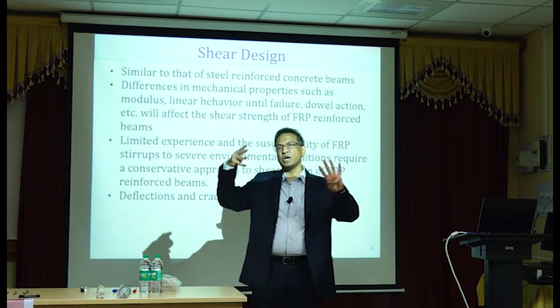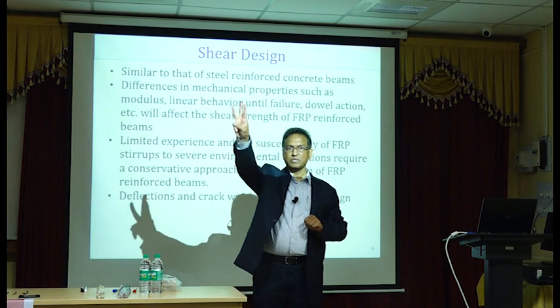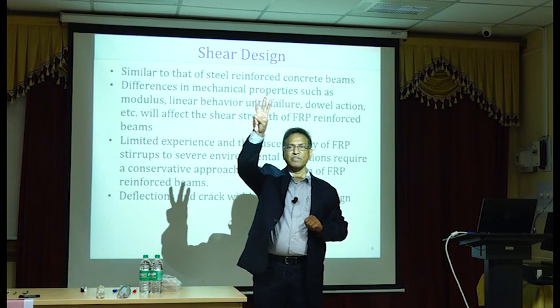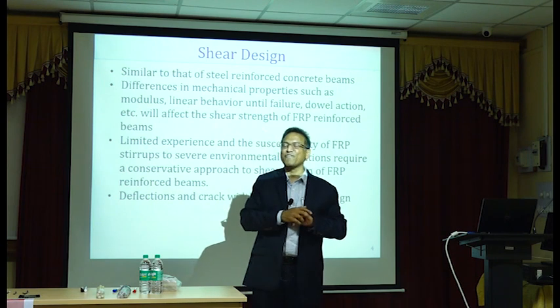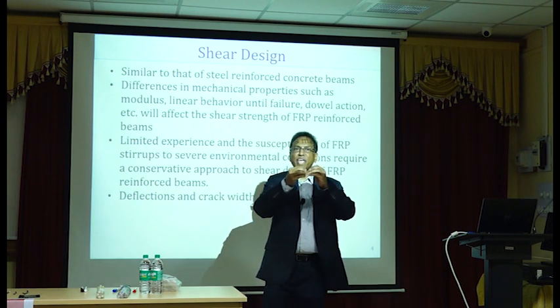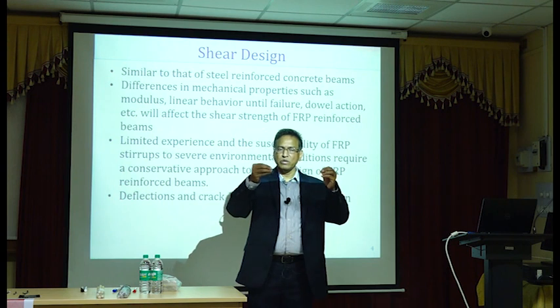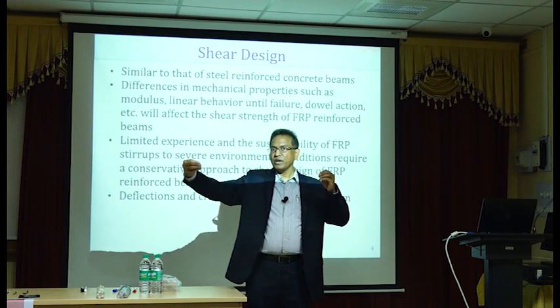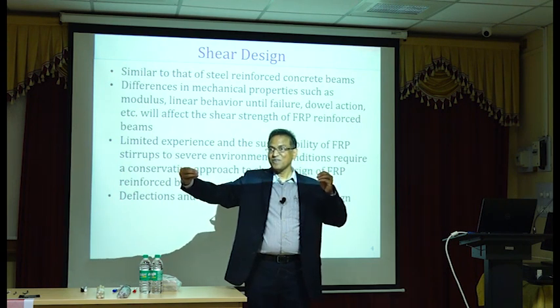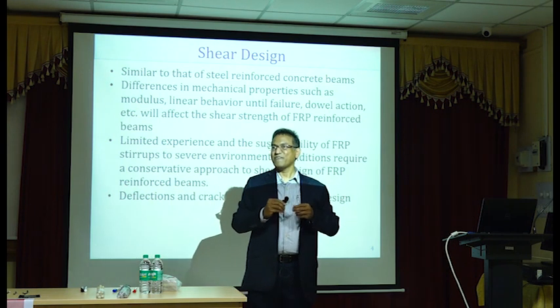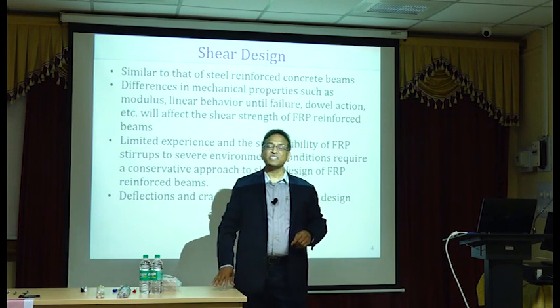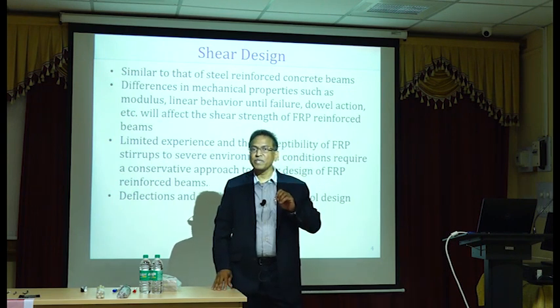So 40, 200, what's the factor? 5? Oh, 5, sorry. A factor of 5. So for the same amount of load, the FRP bar will stretch not just more, 5 times more, right? So that's the problem with FRP.